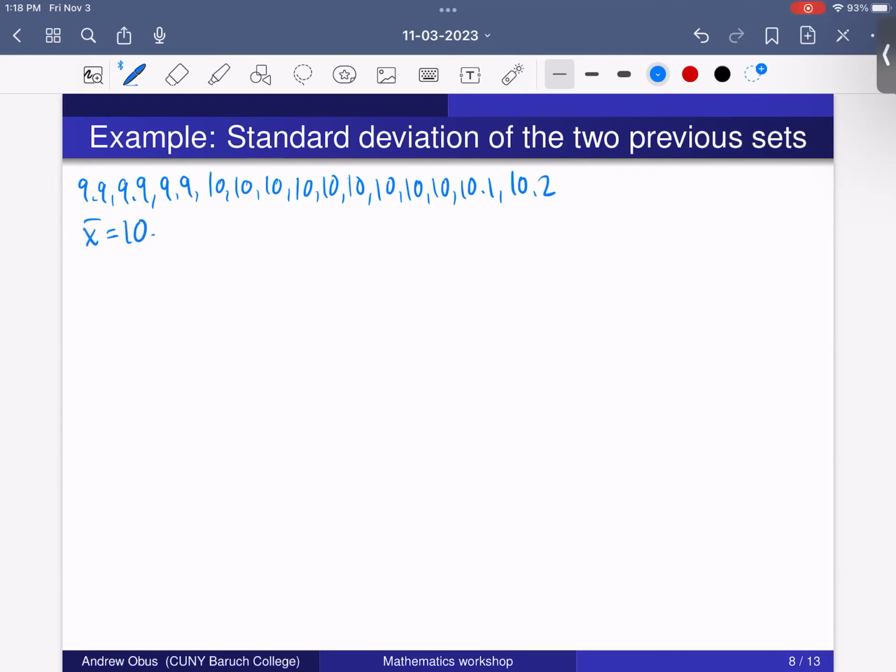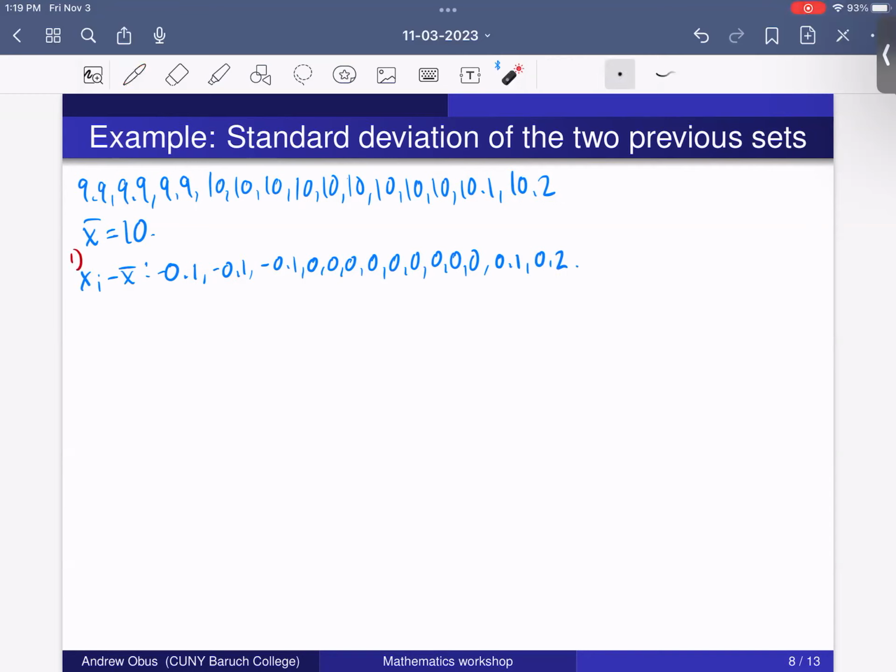Maybe I can look at what the xi minus x bar values are. Let me write them all down: -0.1, -0.1, -0.1, 0, 0, 0, 0, 0, 0, 0, 0, 0, and then 0.1, and then 0.2. This is the first step for a standard deviation.